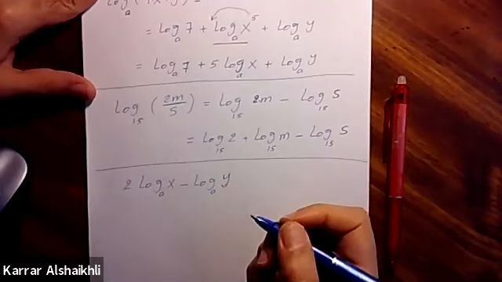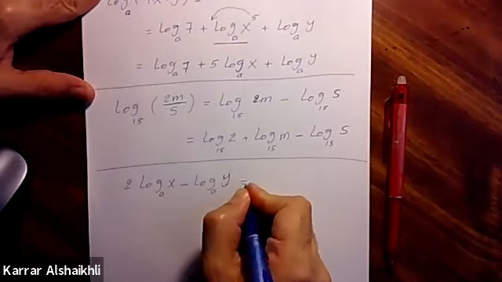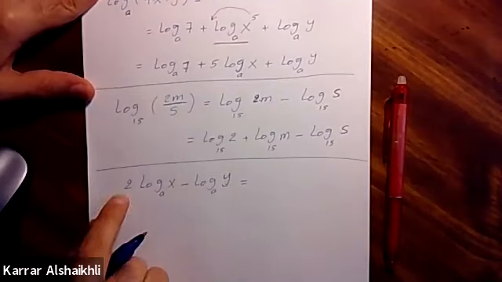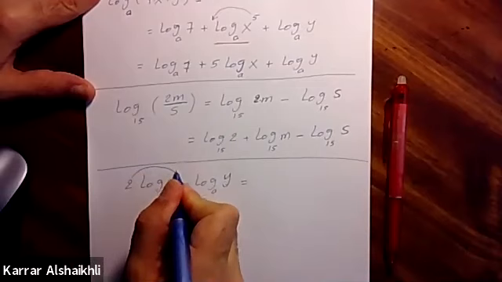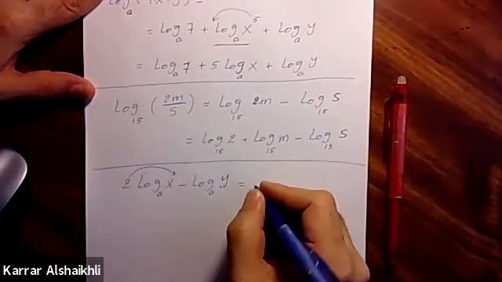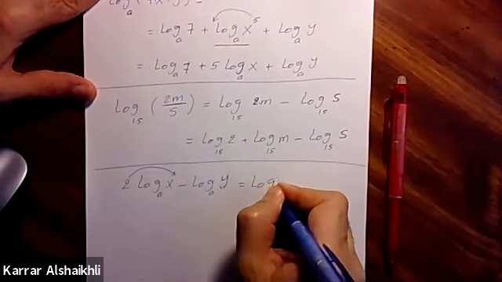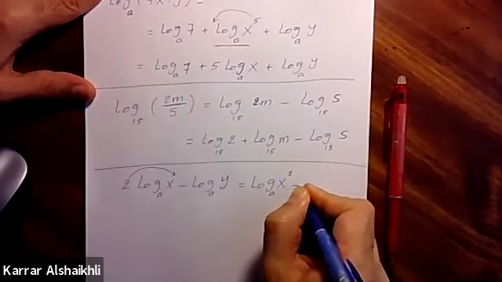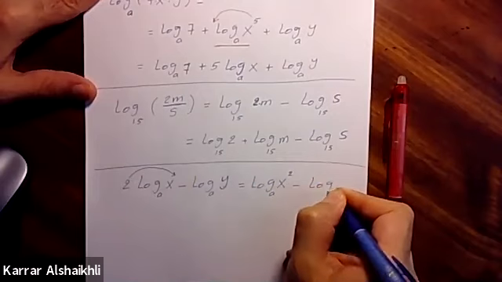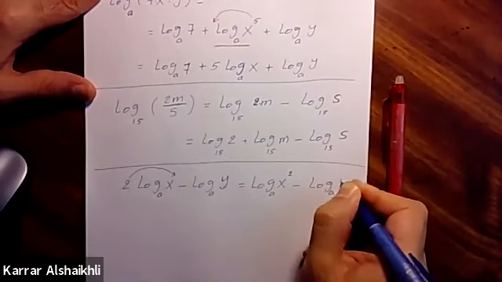The first thing we have to do is check this part. There is a number in front of this log. That means this number is the exponent. So I'm going to write down log to the base a of x squared minus log to the base a of y.